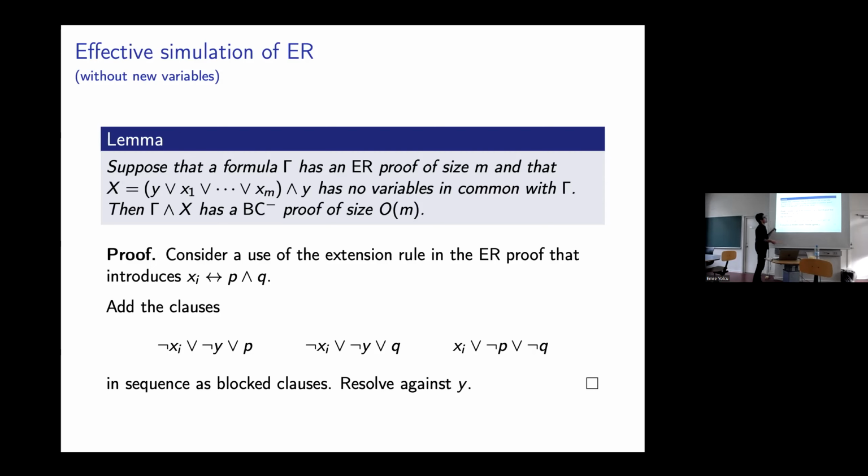So instead, in this effective simulation, you need to have this not y literal, because otherwise this clause will not be blocked. So we want this clause to be blocked. It will be blocked for not xi. And you need to check it against this clause. Well, I need the result to be tautological. Clearly, or not clearly, but not necessarily P, I want to leave some freedom for P, because P doesn't have to be one of the x's.